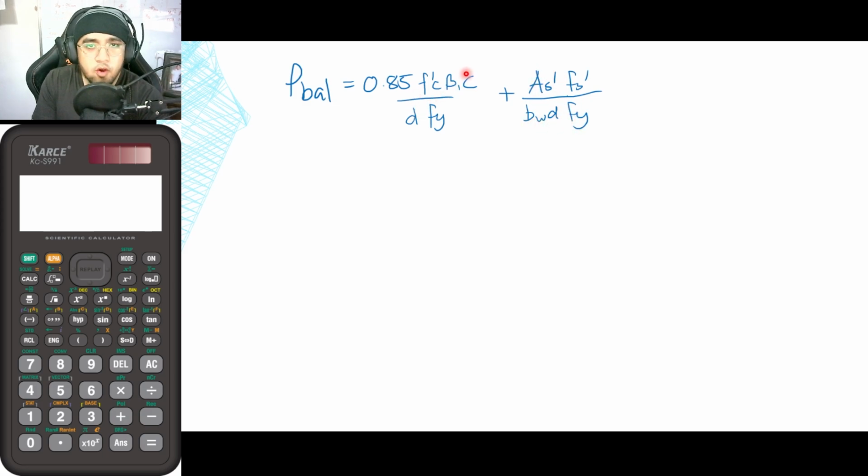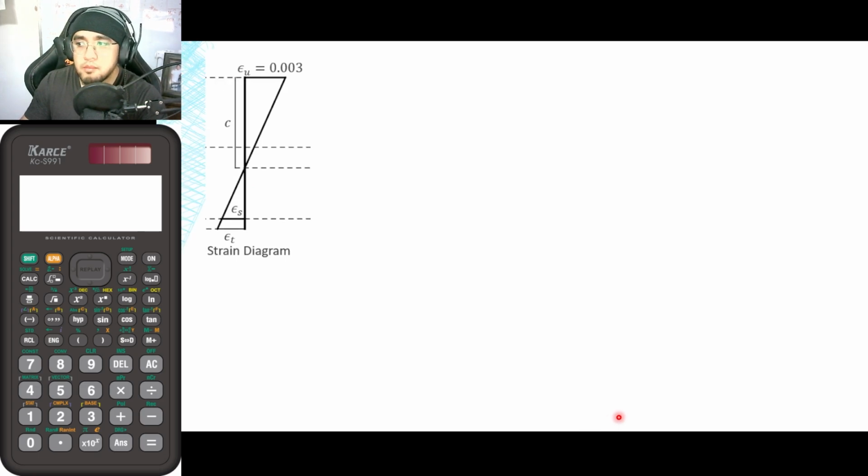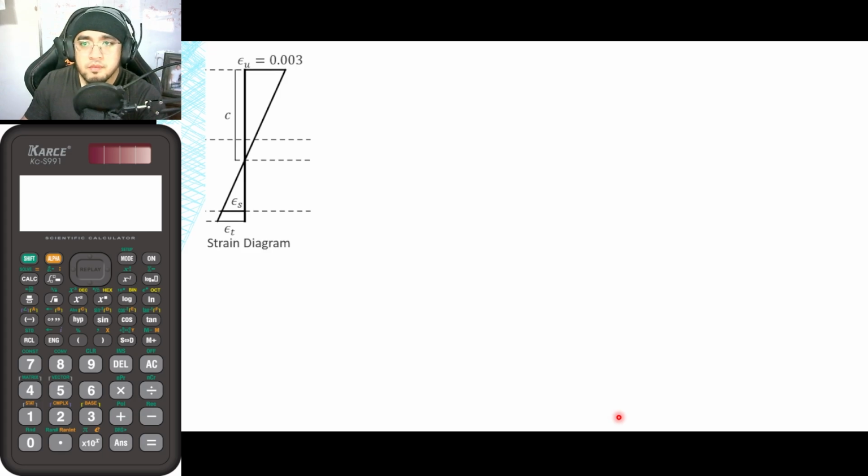Okay, so I will now be rewriting the value of C. For the value of C, looking at this particular strain diagram, so let me just remove the stress diagram here.